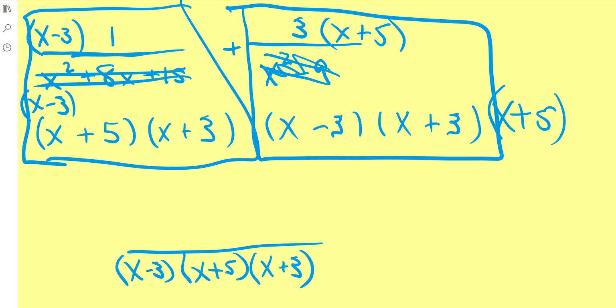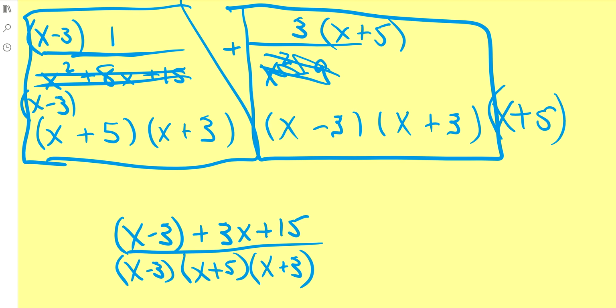And then I've got to multiply the numerators before I add them. So here I've got x minus 3 times 1, which is x minus 3. And now I've got plus 3 times x plus 5. Well, I don't have to worry about distributing a negative because this is a plus sign. I'm just going to distribute the 3 times x plus 5. And how about if I do that? It's going to be plus 3x plus 15. There we go.